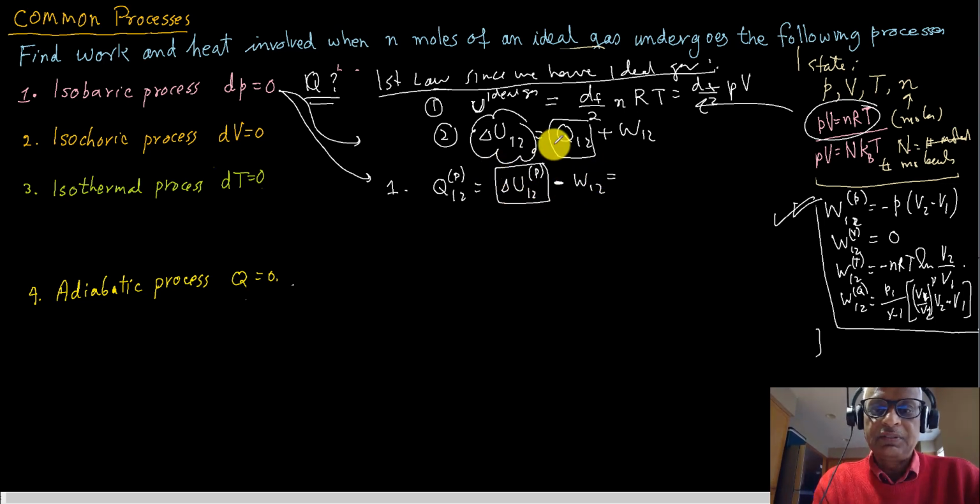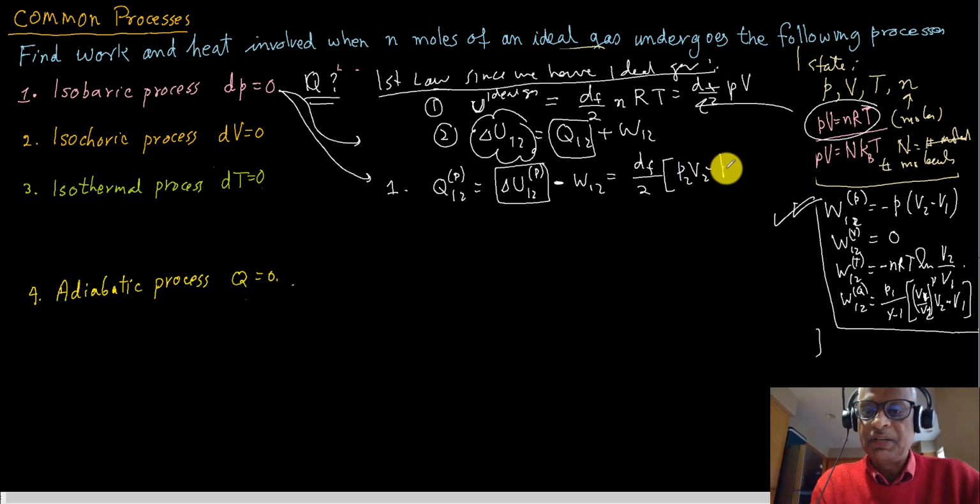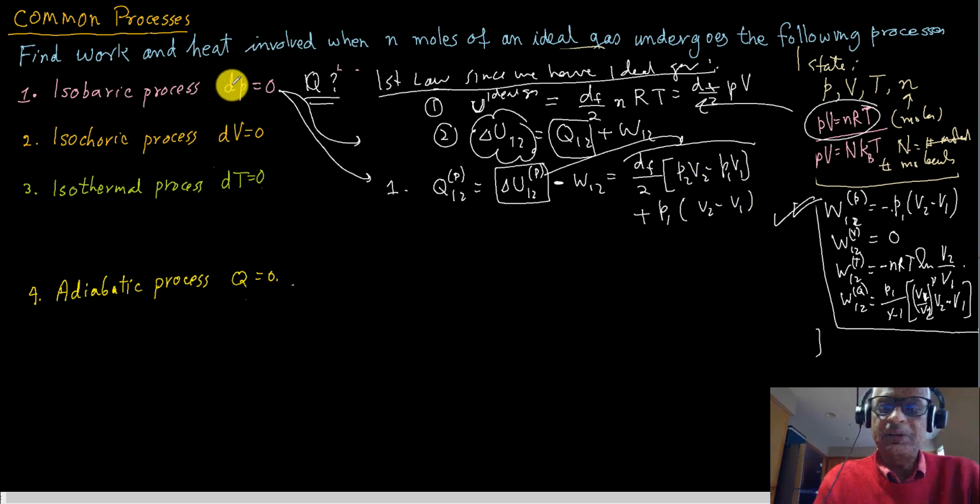So this one is going to be, let's use PV, df over 2 times P2 V2 minus P1 V1, that's for this, minus this guy, just minus with a minus becomes plus P1 times V2 minus V1, and P2 is equal to P1 because we have an isobaric process.